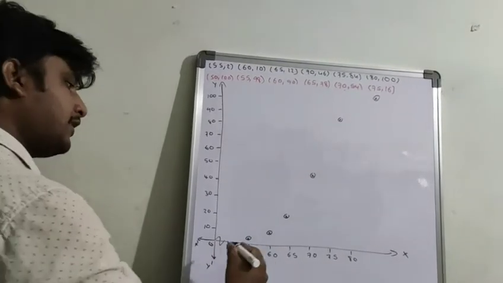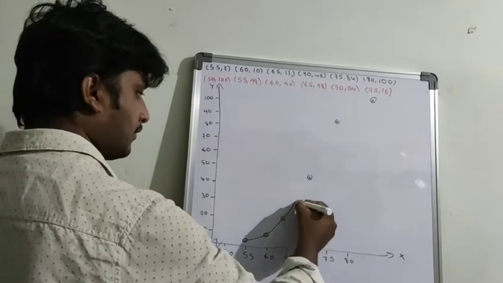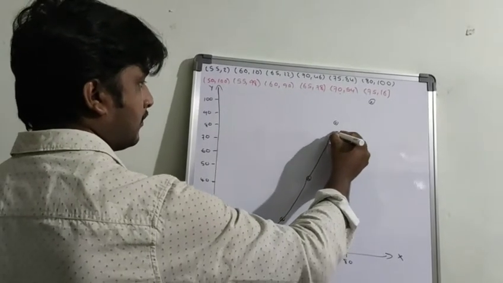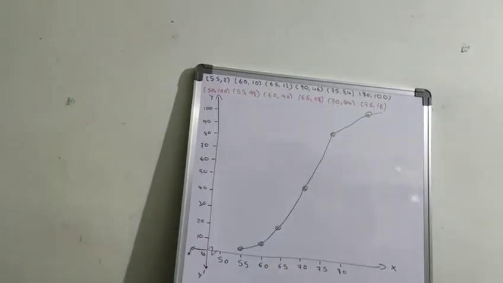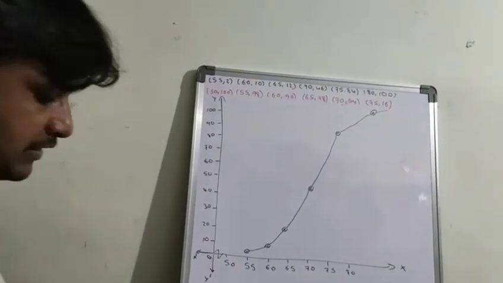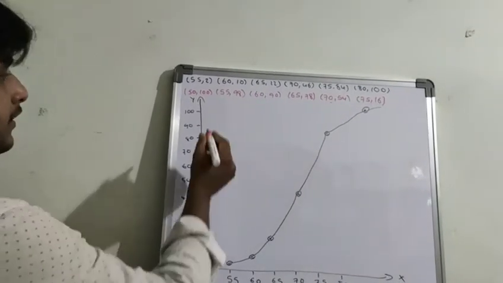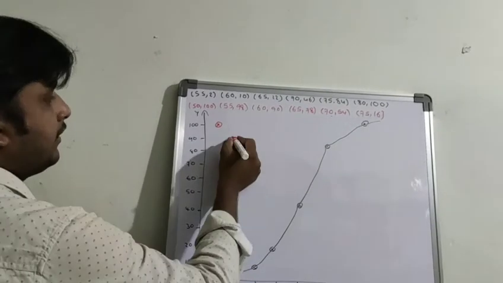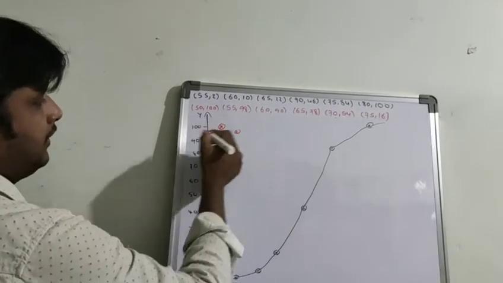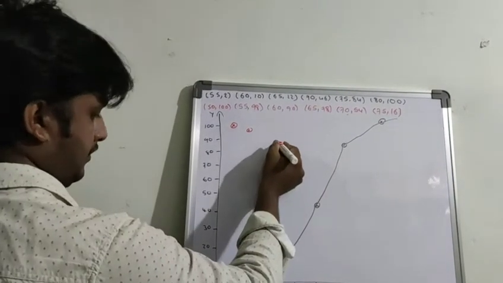So join them freehand. Yes, this is the curve. So for the greater than cumulative, I am drawing with the red pen. 50 comma 100. 50 here and 100 here. 55 comma 98, 55 here, 98 here. 60 comma 90, 60 here and 90.